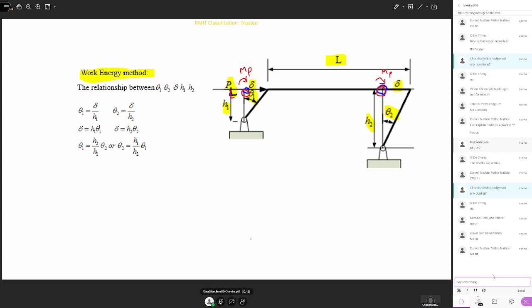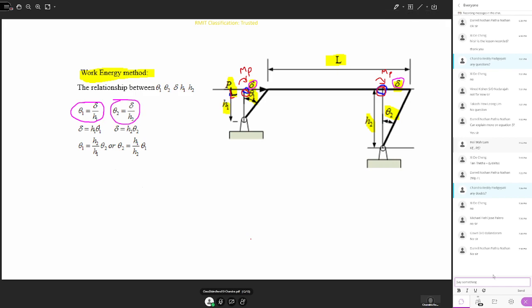We can follow the same thing, linking angular variables with linear variables. Theta 1 can be written as delta over h1. Delta is the linear displacement here, and delta in both cases will be the same. Theta 1 is delta over h1, and similarly theta 2 is delta over h2.